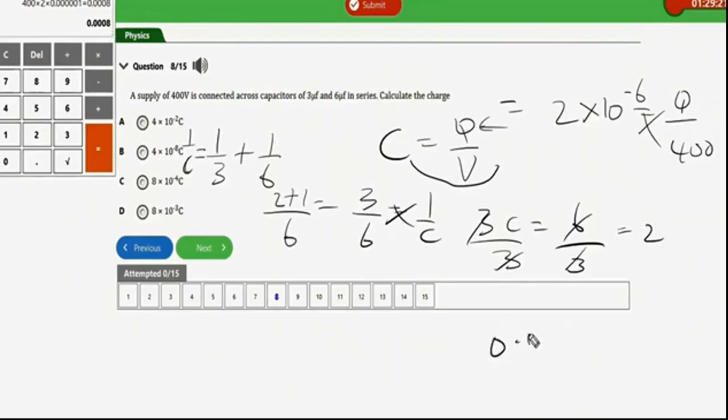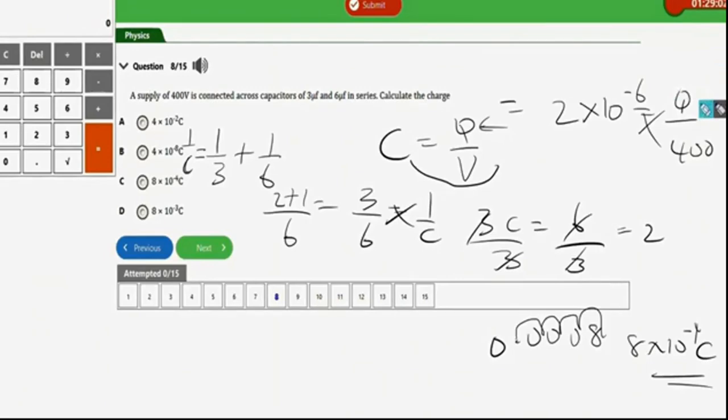We have 0.0008. So when you move 1, 2, 3, 4, it will give you 8 times 10 to the power negative 4 for the charge. That will be the answer. The right option is option C. Okay, so that's it for this question. Let's wipe this and solve the next repeated question.